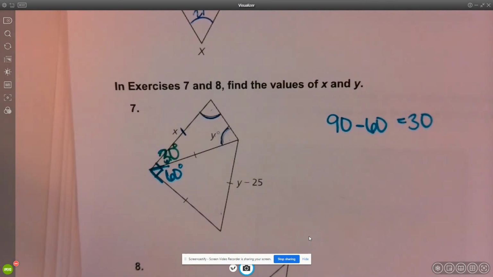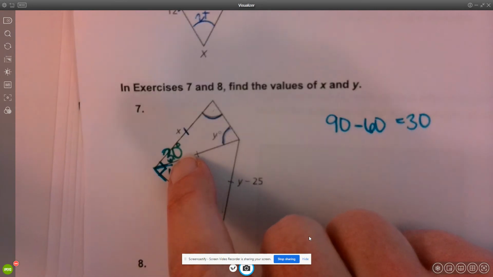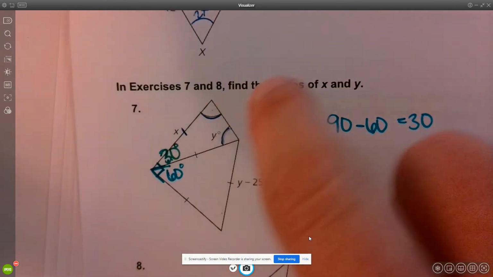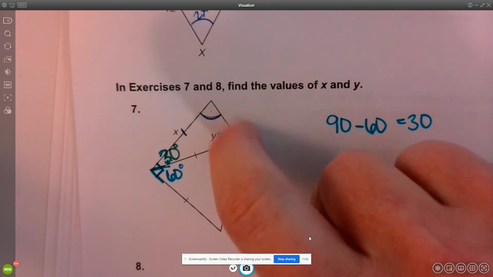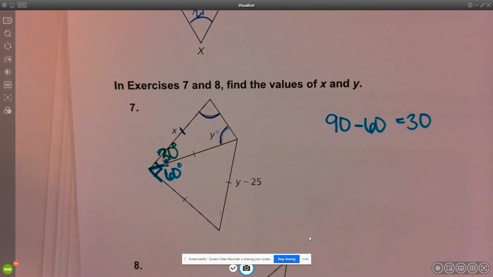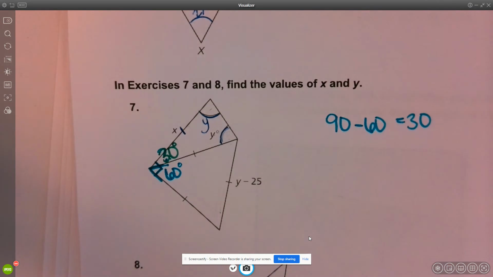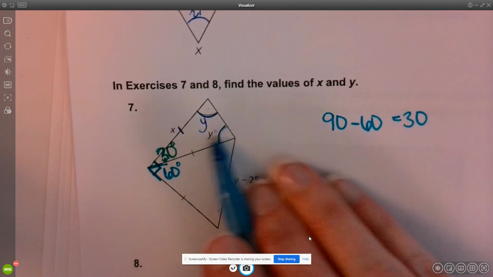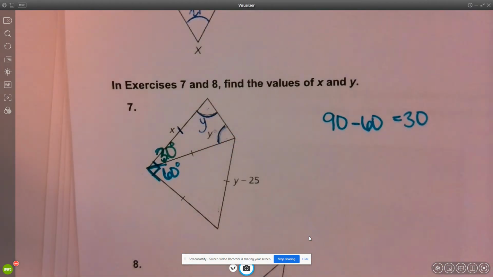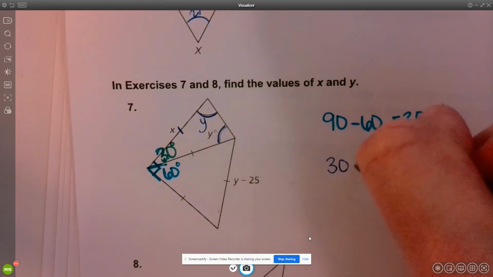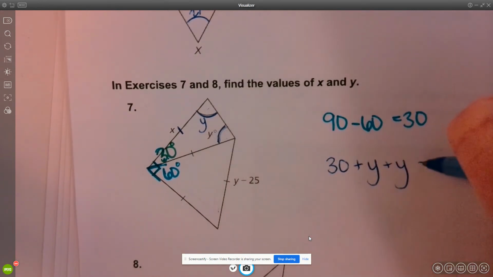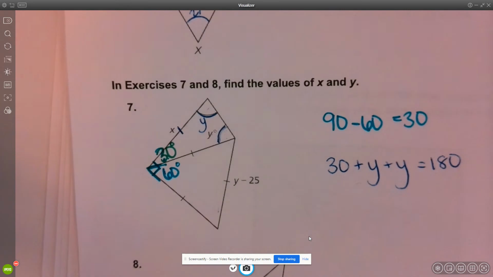Now you might be wondering, how does that help me find y? Well, if this is 30 and these 2 are the same, if this is y degrees, so is this angle. Don't the 3 angles inside a triangle add up to 180? So I know 30 plus y plus y equals 180.